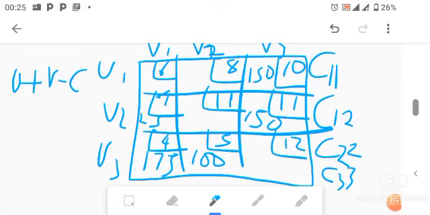What about its v value? v1. You already calculated them, so you just substitute: u1 is 0, v1 is 6. So it will be 0 plus 6 minus c. What is the cost in the first unallocated cell? It has a cost of 6. So it will be 0 plus 6 minus 6, giving you 0. So that's what you allocate there.